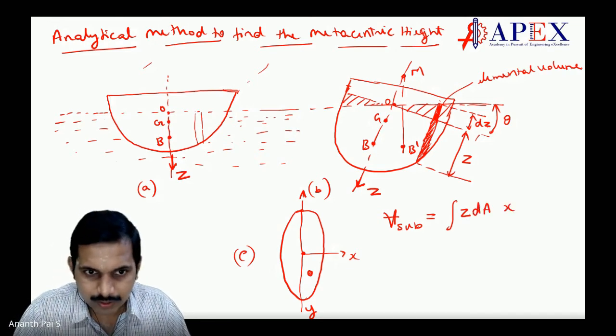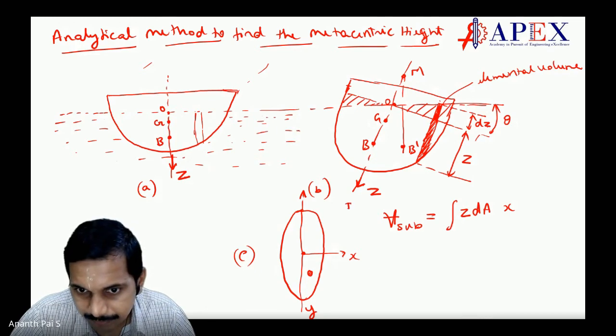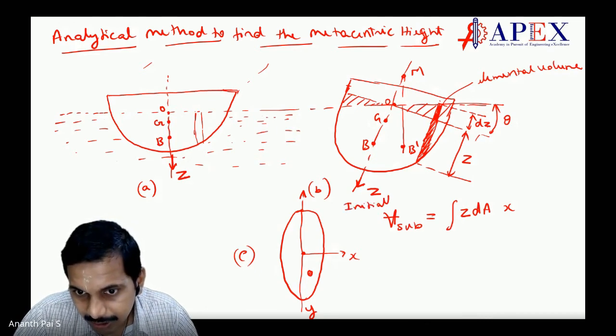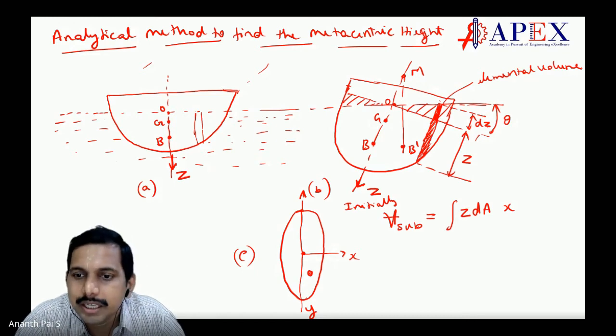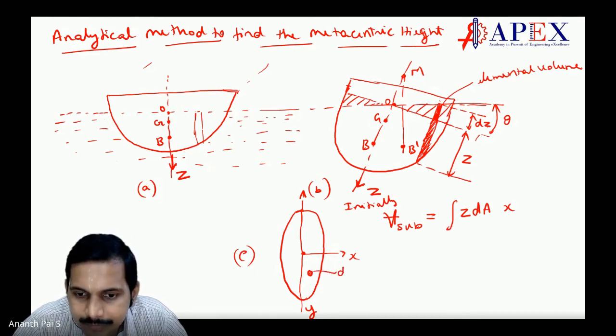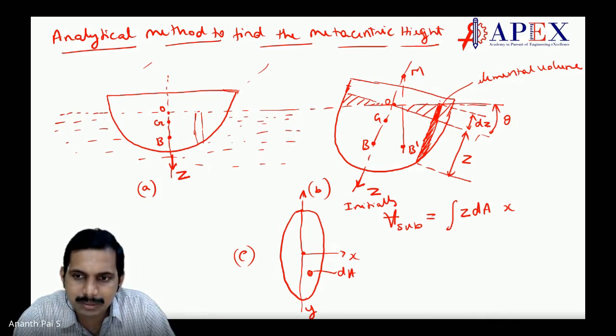Agree? So initially, volume submerged is equal to the integration of z into dA, all dAs, into x, correct? That would be the volume which is submerged.